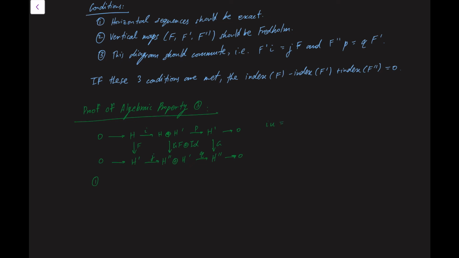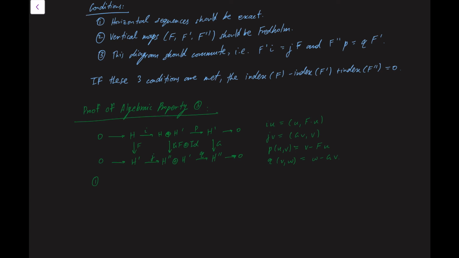I acts on U in H, and it gives us U, comma, F acting on U. J acts on some vector V in H prime and gives us GV, comma V. P acts on some vector U, comma V and gives us V minus F U. And Q acts on some vector V, comma W, where W is in H double prime, and it gives us W minus GV.